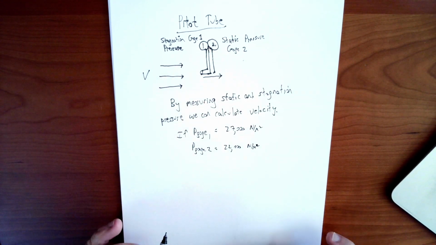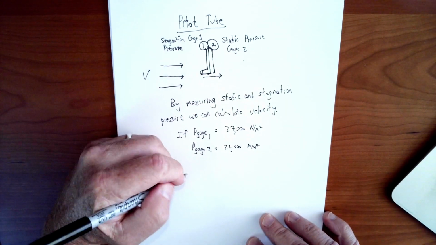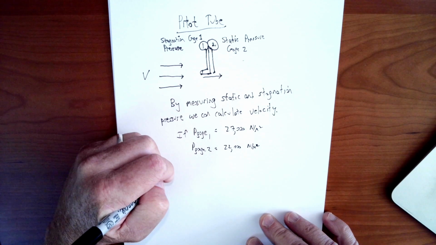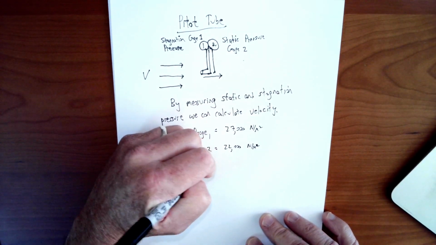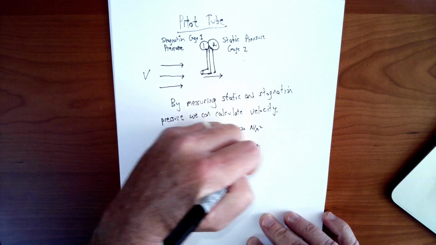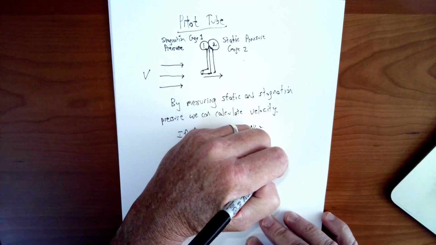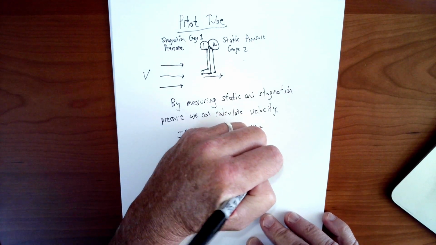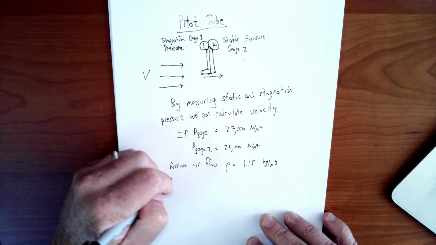What is the velocity? You have to know the density of air. So let's say this is air. Assume air flow with a density of 1.15 kilograms per meter cubed. That would be your density measurement, and let's find V.